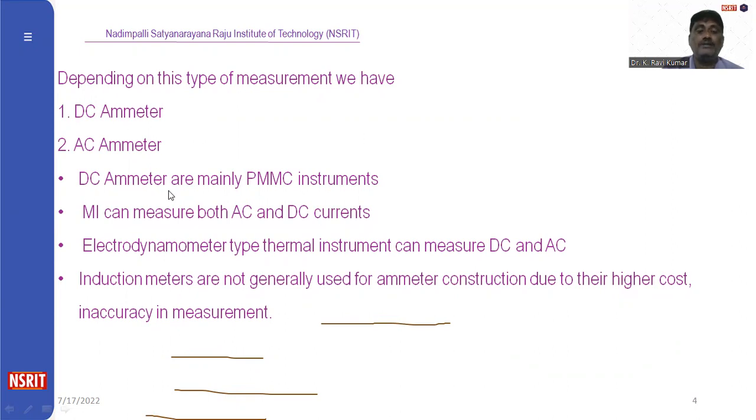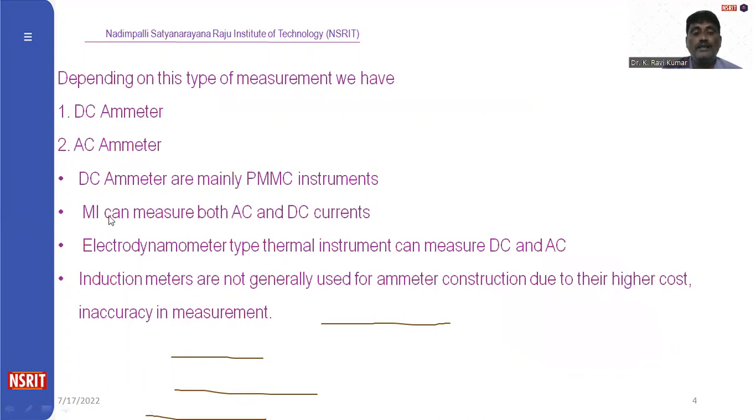DC ammeters mainly use PMMC instruments. Moving iron can measure both AC as well as DC currents. And the electrodynamic type ammeter, thermal instrument, can measure DC as well as AC currents.